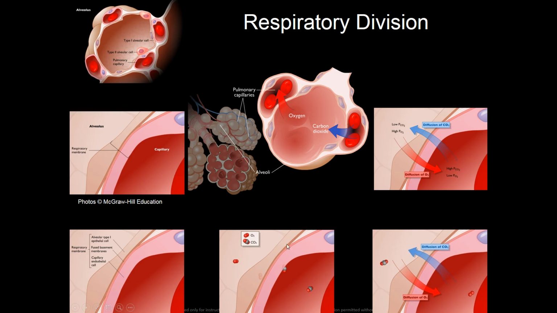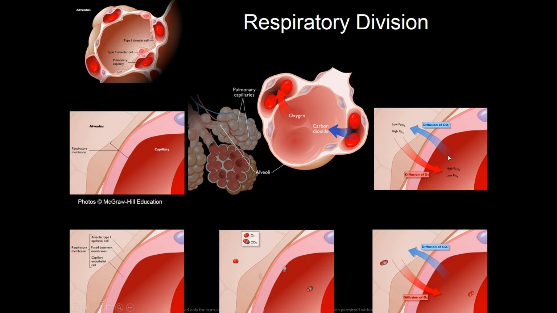So oxygen is loaded here. Within the alveoli, you have high amounts of oxygen. So you load these capillaries with oxygen, and then you get rid of the CO2, because the capillaries of the lungs are being filled with a lot of carbon dioxide from our tissues, and then you unload it in here.